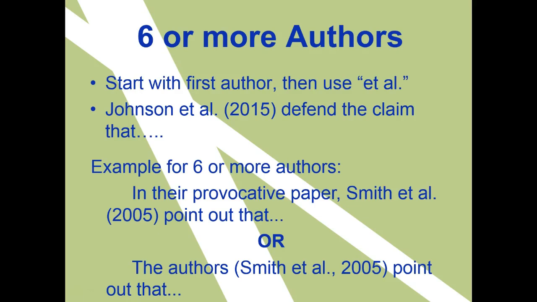Again, some examples of 6 or more authors: in their provocative paper, Smith et al. 2005 point out, and then the parenthetic citation, the authors, in parentheses, Smith et al., 2005. So for 6 or more authors, from the first citation all the way to the very last one, we simply use the first author's name and then et al.